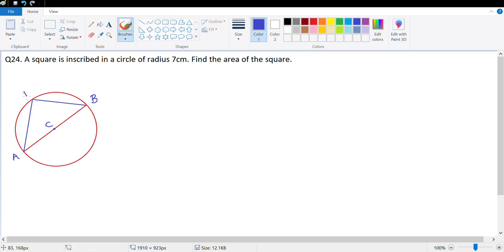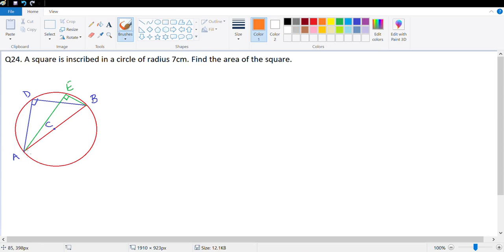So let's call this point D. Angle ADB will always be a 90 degree angle. Let's look at a different kind of an angle. If I have a line like this, and let's call this point E. Since this is being made in a semicircle, angle AEB will always be 90 degree.